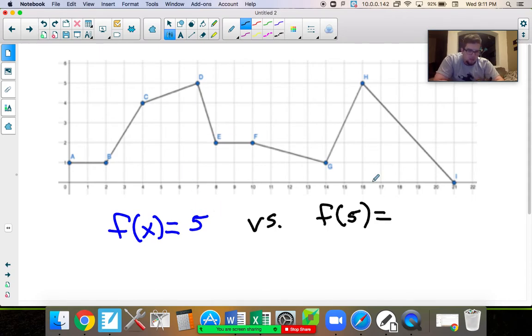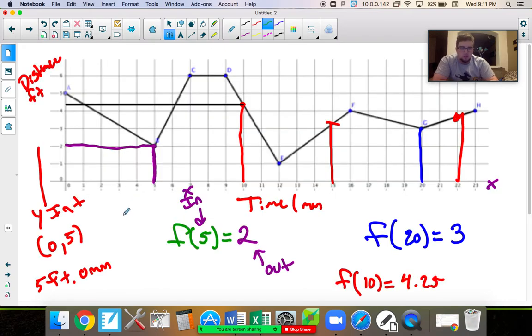The 5 is within the function notation, while over here the 5 is what's being equal to. So in this one, that was x. We were looking for y. This one, we know what the y is. We don't know what x is.